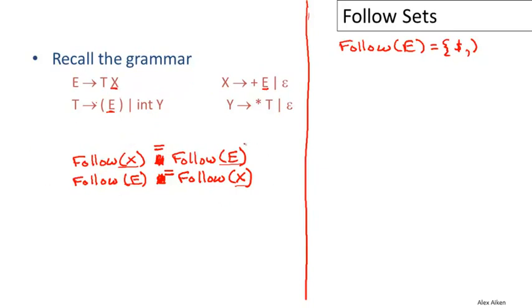We can't learn anything more about what is in the follow sets of E and X. We're not forced to add anything else to either set. And so we're done, and we can close off this set. We know that the follow of E consists of $ and close paren, and we also know that X has the same follow set. Now let's move on to the follow of T.